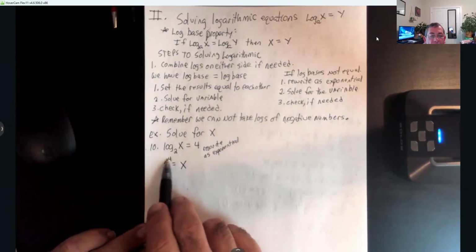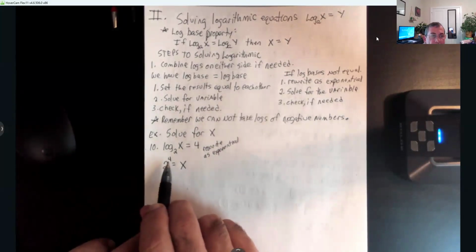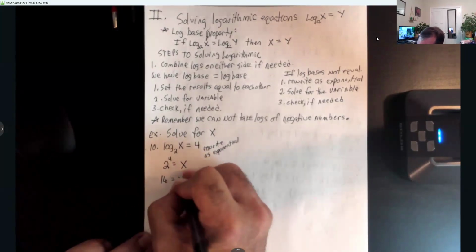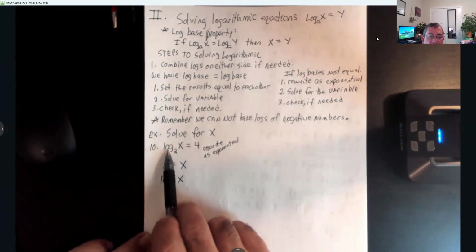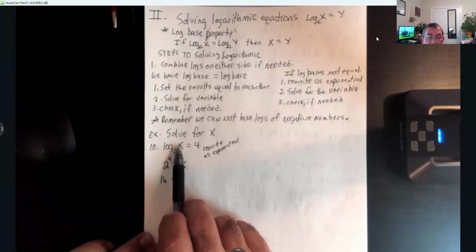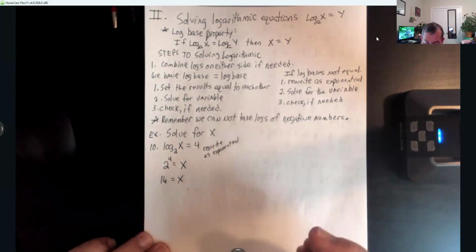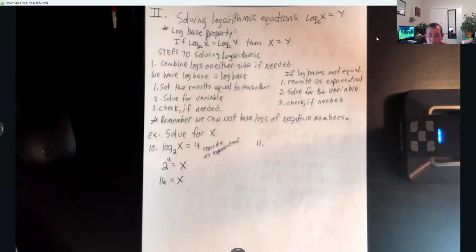Now, we only got to do one thing to solve that, and that's figure out what 2 to the 4th power is. So y'all, if you multiply 2 times 2 times 2 times 2, we get 16 equal to our x. So let's put a 16 in. If you punch your calculator on the log base, if you did a log base 2 of 16, hit enter, it'll give you 4. Okay, y'all, so not too bad if we can rewrite those.